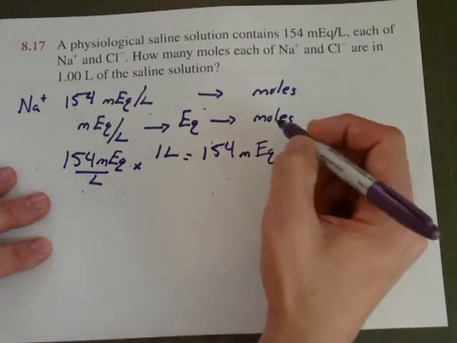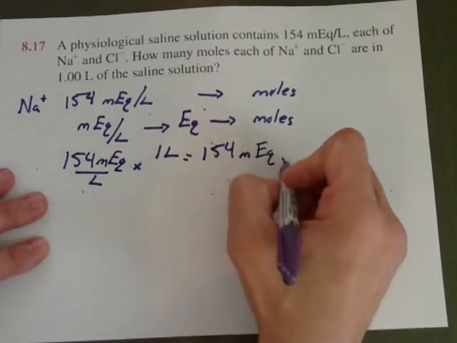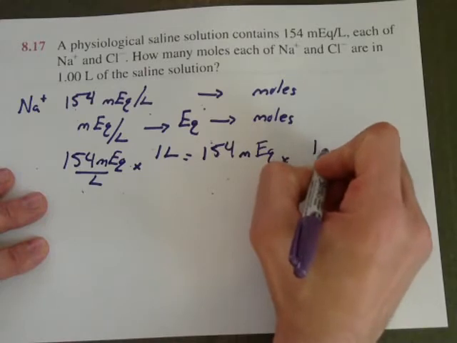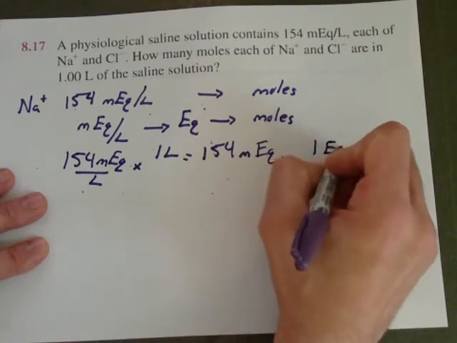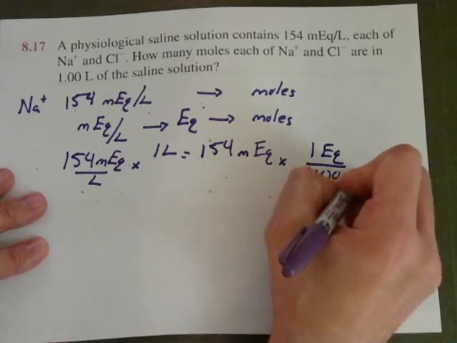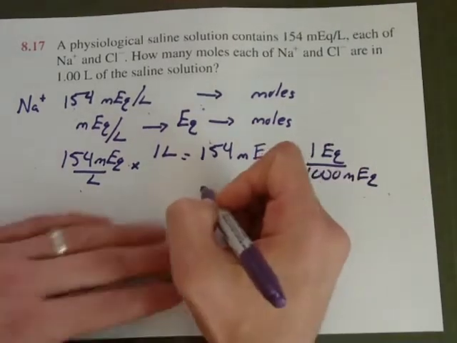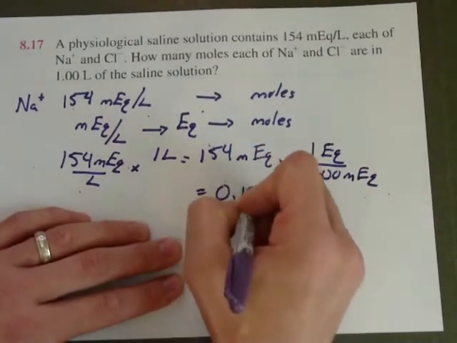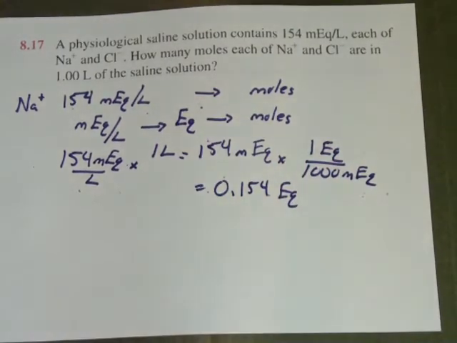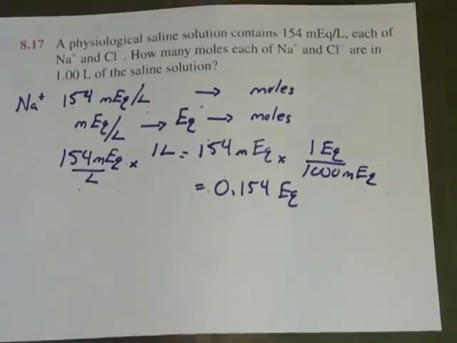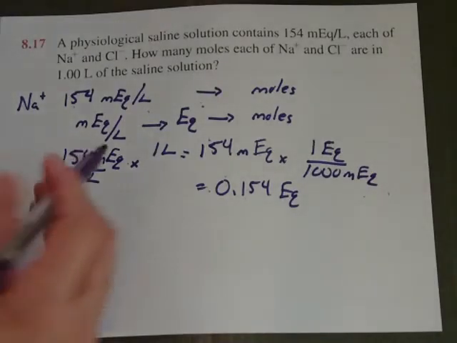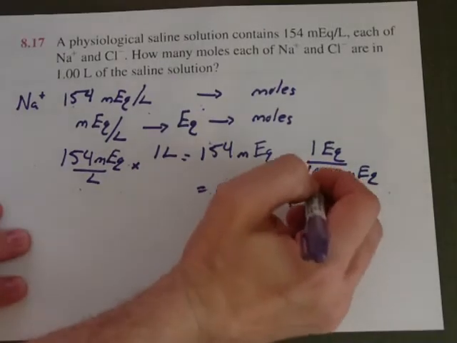If we have 154 milliequivalents, we can multiply that by 1 equivalent over 1,000 milliequivalents. And we get 0.154 equivalents. So we have 0.154 equivalents of Na plus.